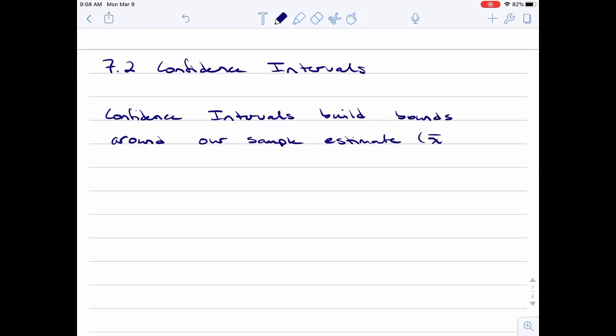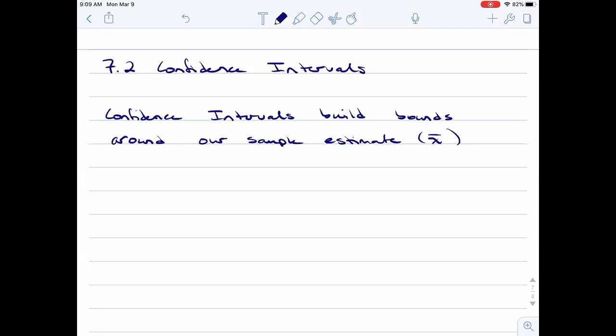For now, we're going to talk about x bar as our estimate, but we're actually going to change that. Here we're just developing the core concept of a confidence interval, using just one sample mean as our guide. But for the rest of these chapters, I'm going to say, okay, now we're talking about this type of situation, the difference between two means, for example, and we can build confidence intervals around that.